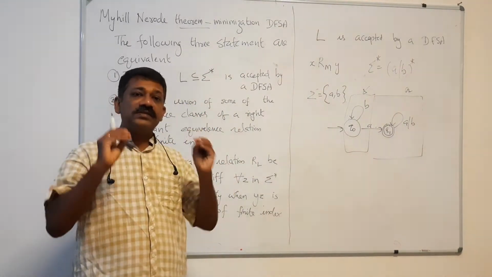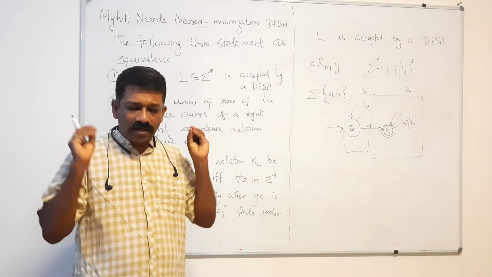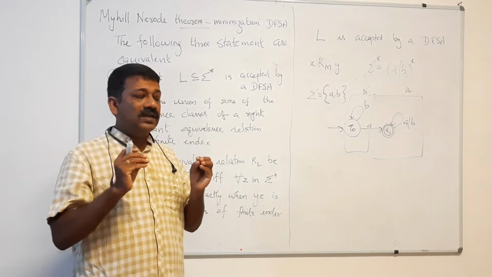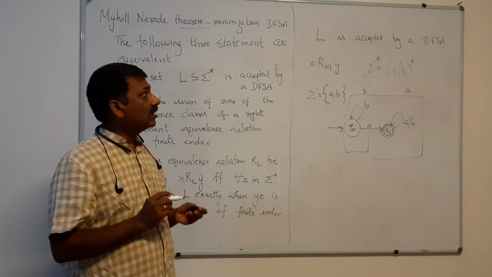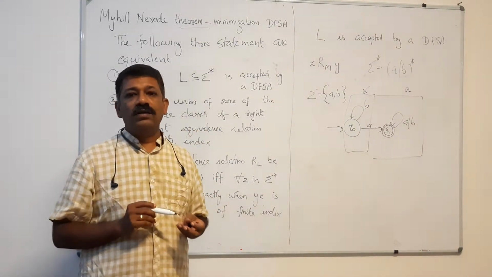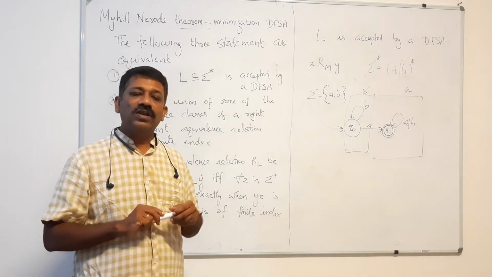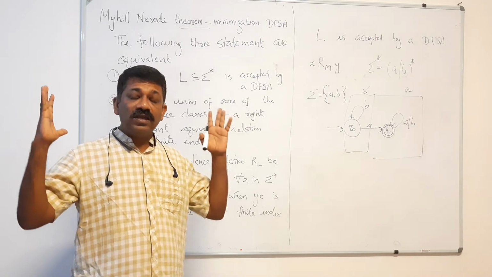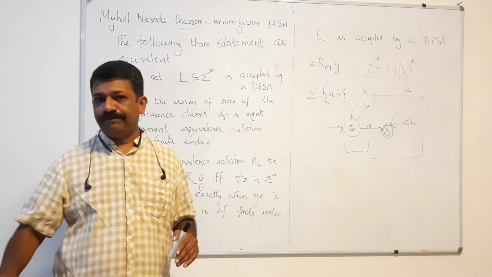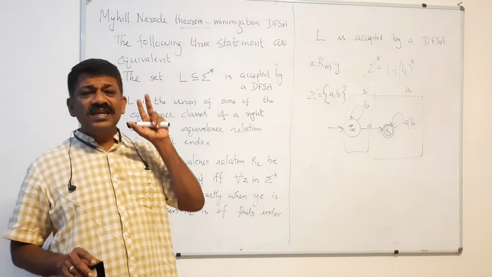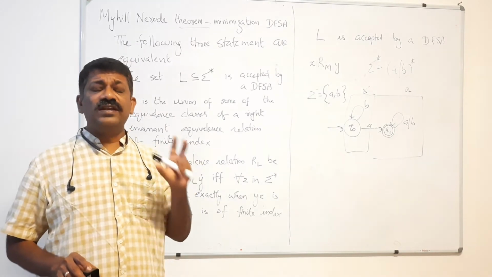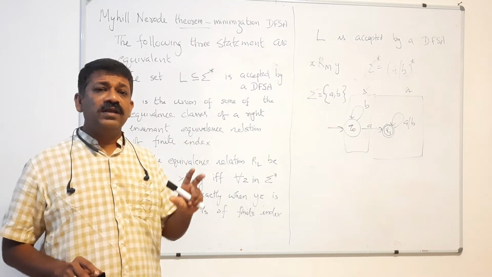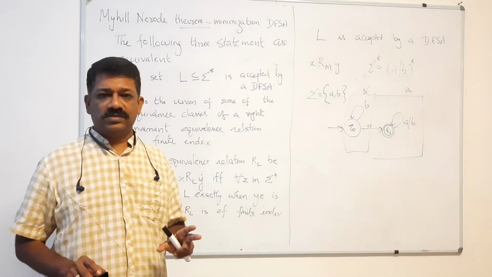Suppose that n states are there in your finite state automaton. You are going to partition your input into n different equivalence classes. Each state of that deterministic finite state automaton represents an equivalence class.